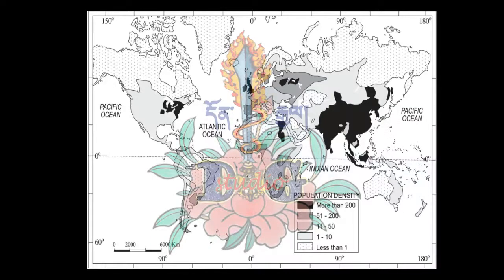If you talk about the area having high density of population: northeastern part of USA, northwestern part of Europe, South and Southeast Asian countries. Area with moderate density of population, that means per square kilometer how many people are living, between 11 to 50%, that means Western Asia and Norway and Sweden in Europe. And area with low density of population, that means less than 1% per square kilometer.